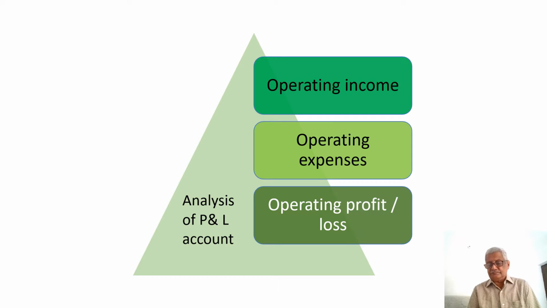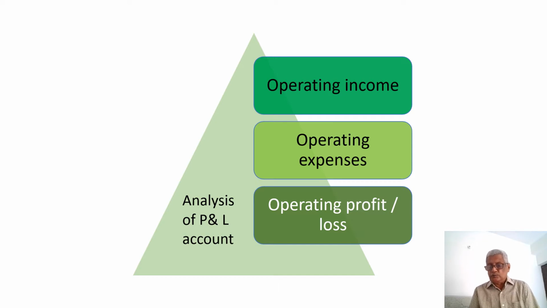For a banker, the activity for which the finance is extended standalone should be viable. Suppose I am giving finance to a fan manufacturing unit. The activity standalone should generate adequate profit to service my debt. Debt in the sense that it should be able to service my interest and installments, if any.